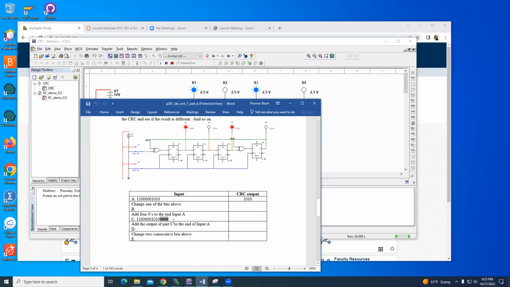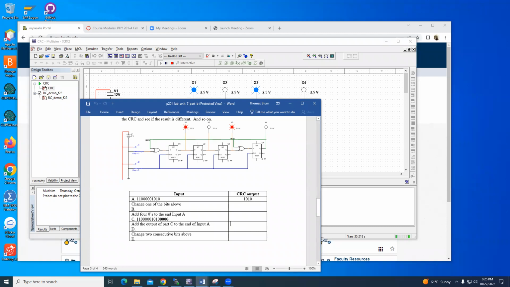So add the output of part C, whatever you got for C, to the end of A. And so you're running something in, and that answer, this answer D, I'm telling you what it should be. I hope you'll actually do it and confirm, but that's the one that should be 0, 0, 0, 0. So you're sending the proper data and you're setting it up.